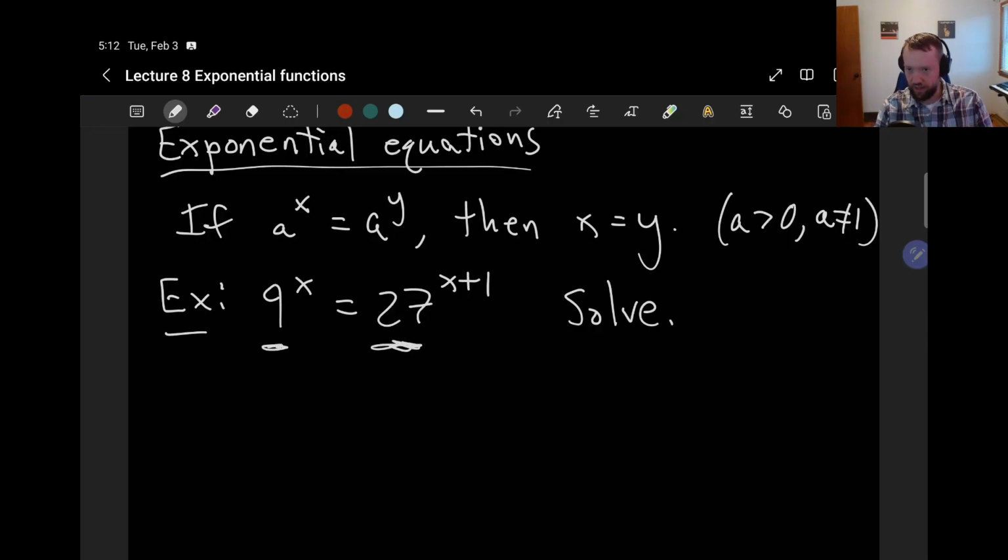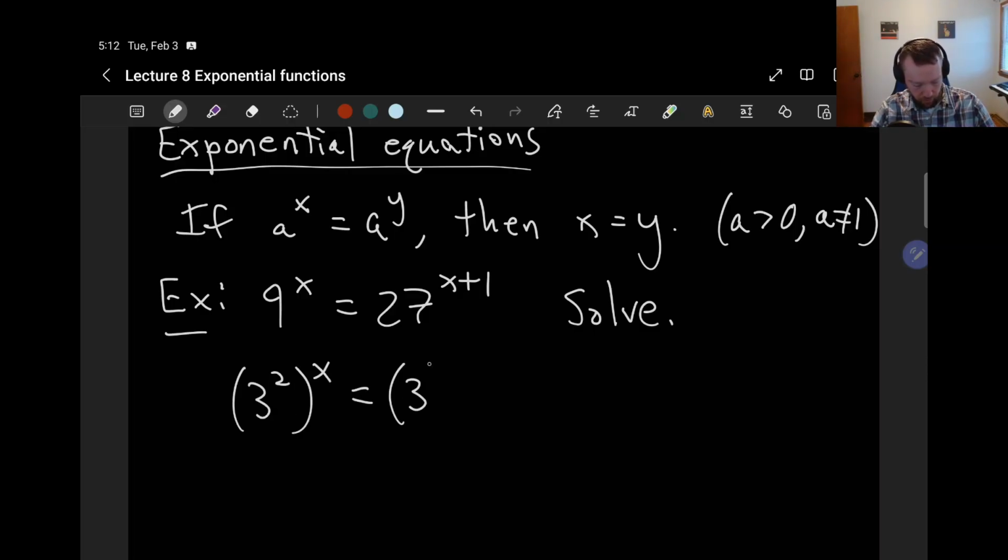We don't quite have that yet with 9 and 27, but both can be rewritten with base 3. Think of 9 as 3 squared, and 27 as 3 cubed. Now, with just a little bit of extra work, we'll have something where both sides are base 3, and then we can work with that.